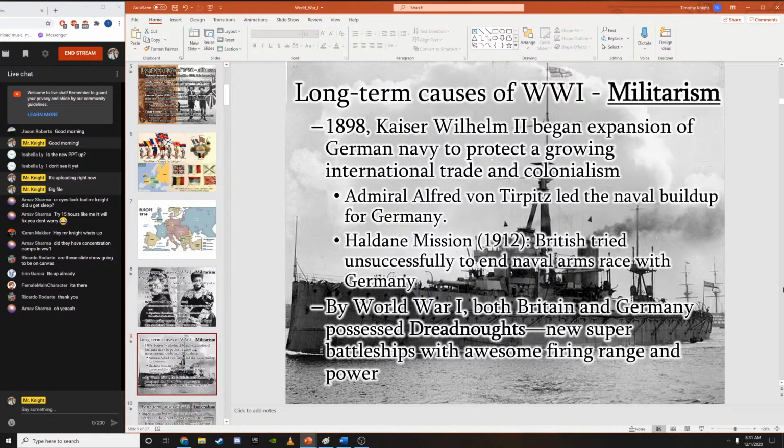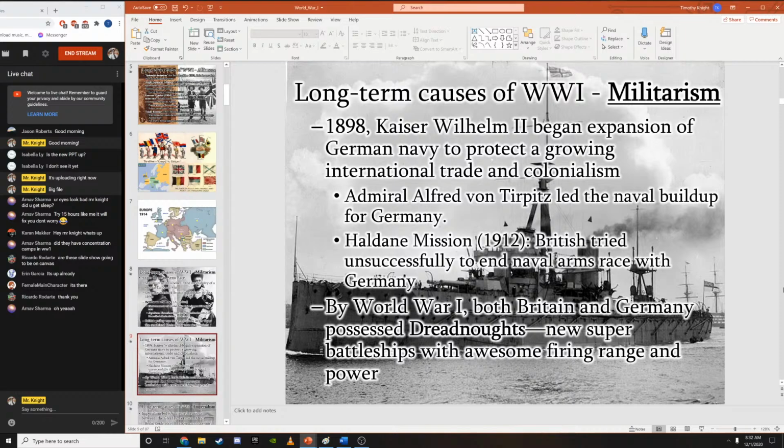By the time 1914 breaks out, both Britain and Germany possessed dreadnought-class battleships, pictured in the background of this slide, which is a much more modern, up-to-date style battleship, a huge ship with heavy cannons and extremely heavy metal armor plating.